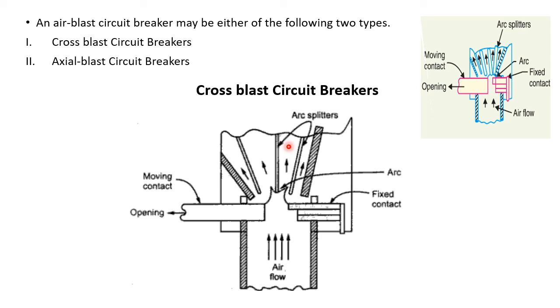The splitter lengthens the arc and the baffles provide cooling for the arc. This results in arc extinction and the flow of current is interrupted. This kind of breaker can interrupt high current, up to 100 kiloamps.